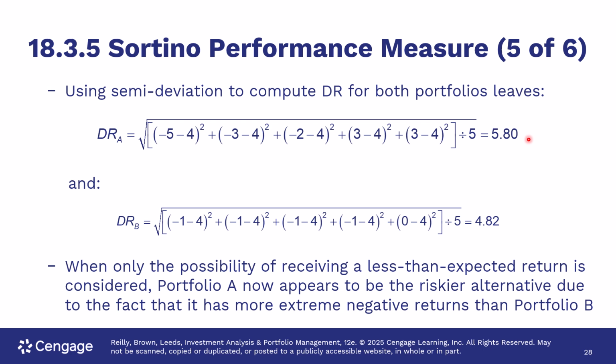If you have the slide from the last slide in front of you, look at the standard deviations, which measure total risk. If you look at that, it appears that fund manager B presented the most risk. So that reversed when you look at only returns below the average return.